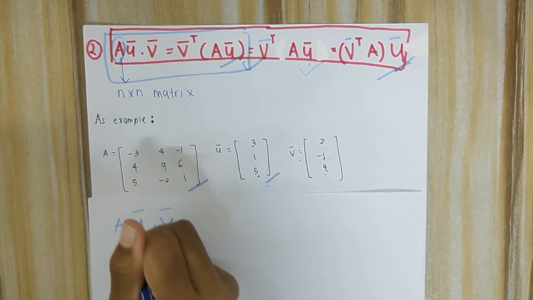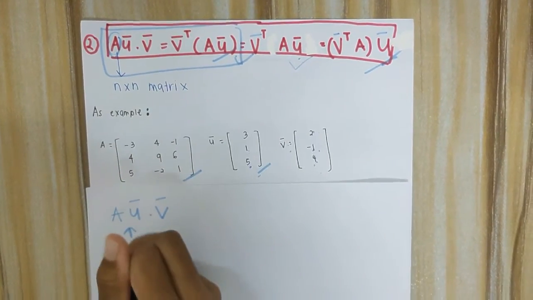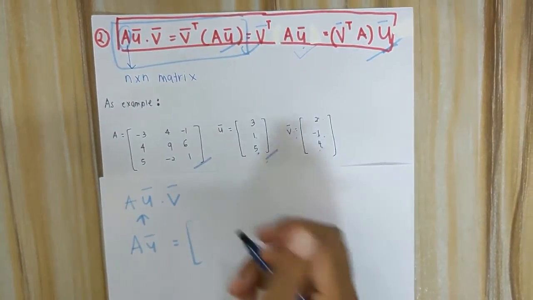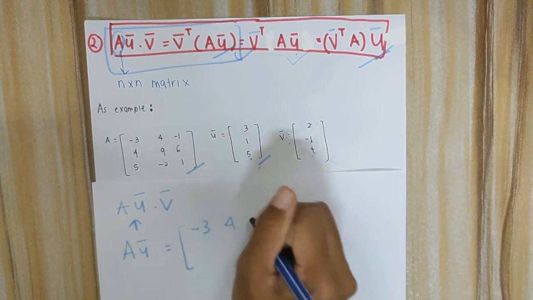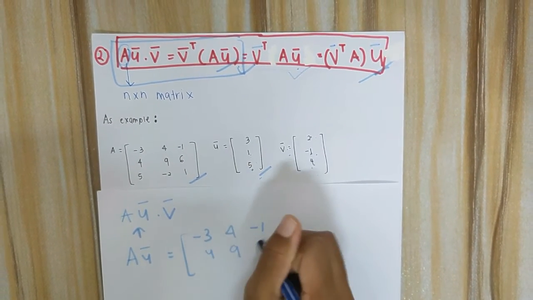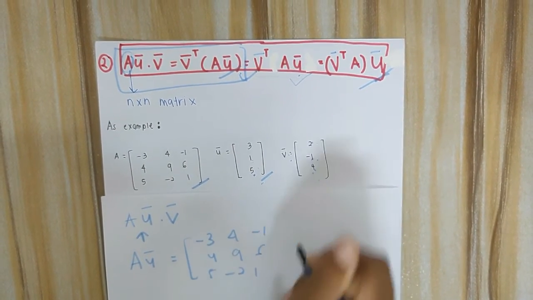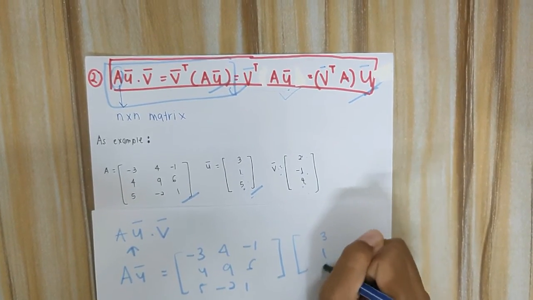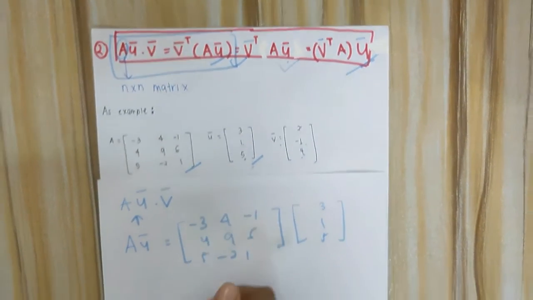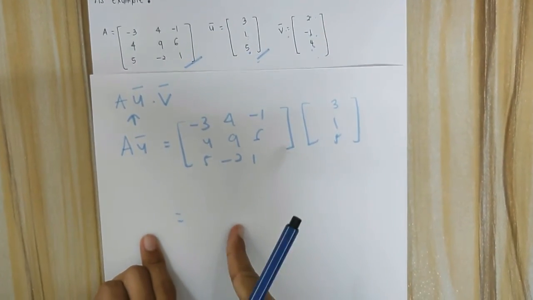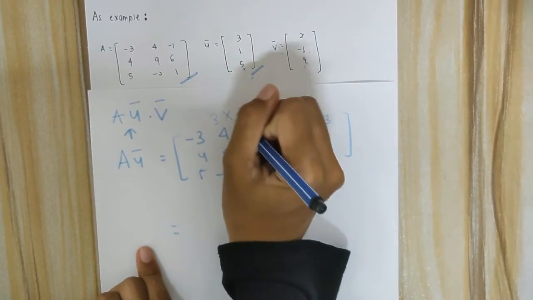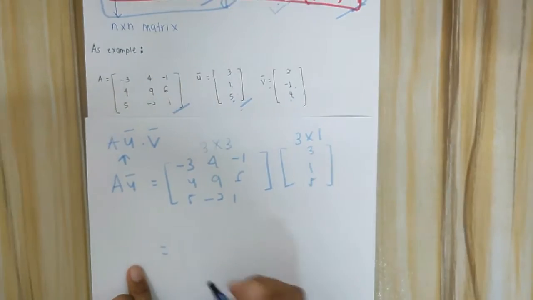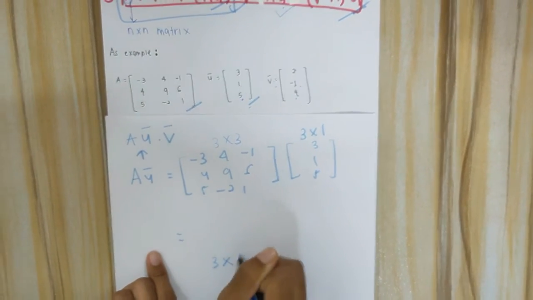For this, we need to find A U bar first. So A U bar, we copy this matrix, negative 3, 4, negative 1, 4, 9, 6, 5, negative 2, 1, and we multiply it with U bar, 3, 1, 5. A is a 3 by 3 matrix and U bar is a 3 by 1 matrix, so the answer should be a 3 by 1 matrix.